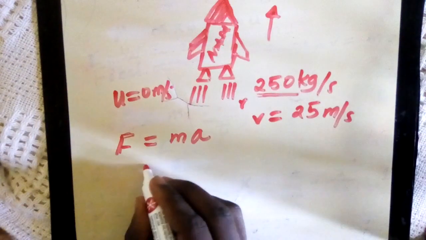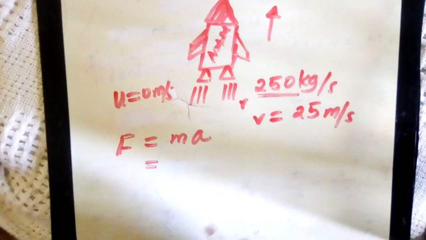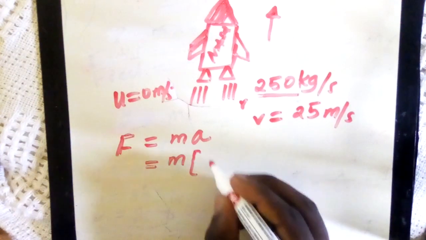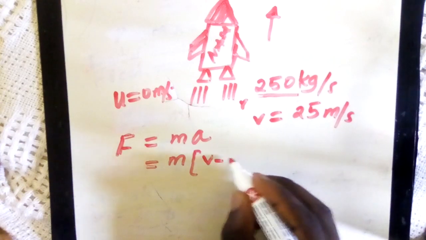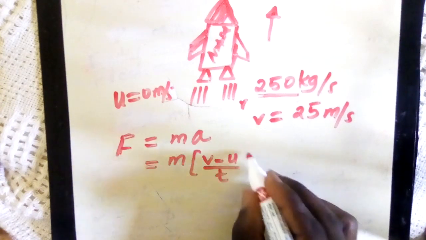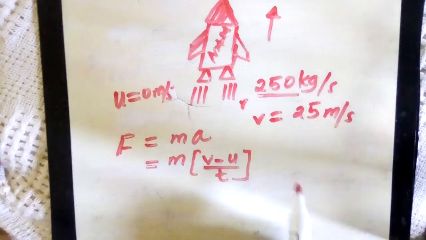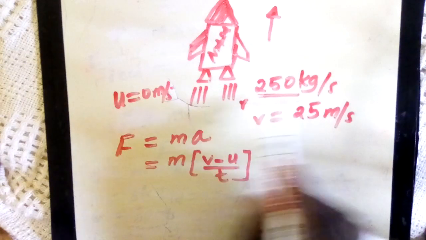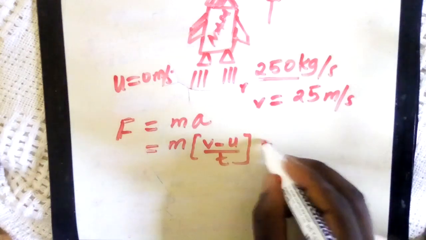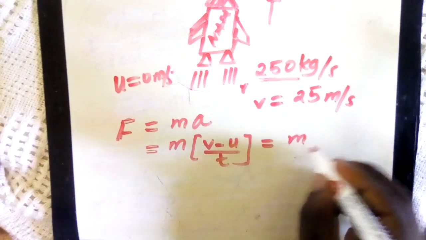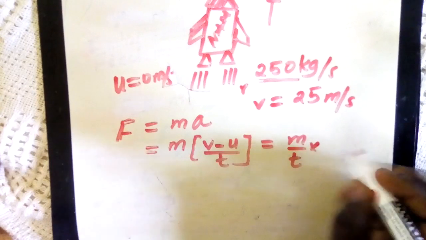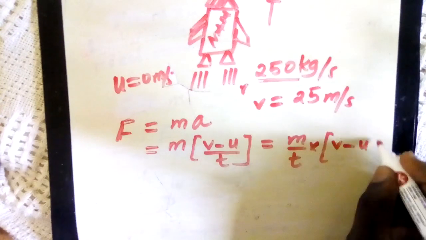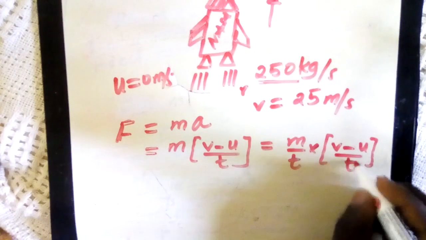So let's rearrange this formula, or expand it. We have the mass, acceleration inside, then over time. So we have to manipulate this formula so that we can fit this value in. We basically say mass over t, then you multiply by the acceleration, v minus u over time.